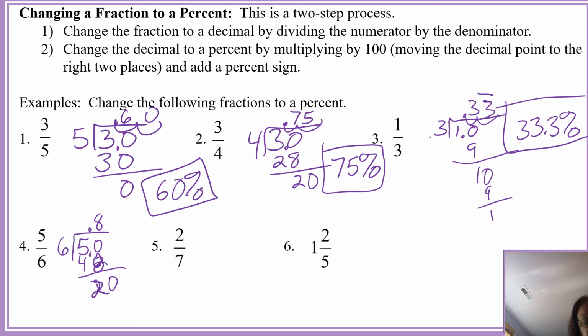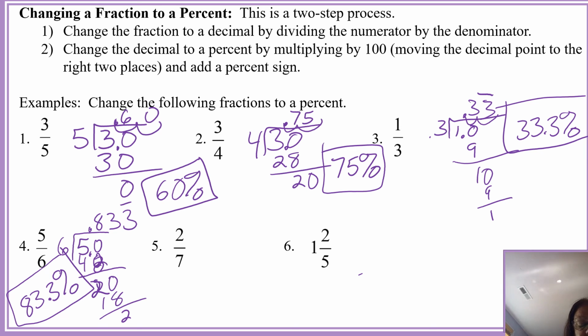Bring down the 0. 6 goes into 20 3 times, 18, 2. Go 3 times. Okay, looks like we're going to be repeating this forever. So, if I write it as a percentage, I have 83.3% by rounding it.